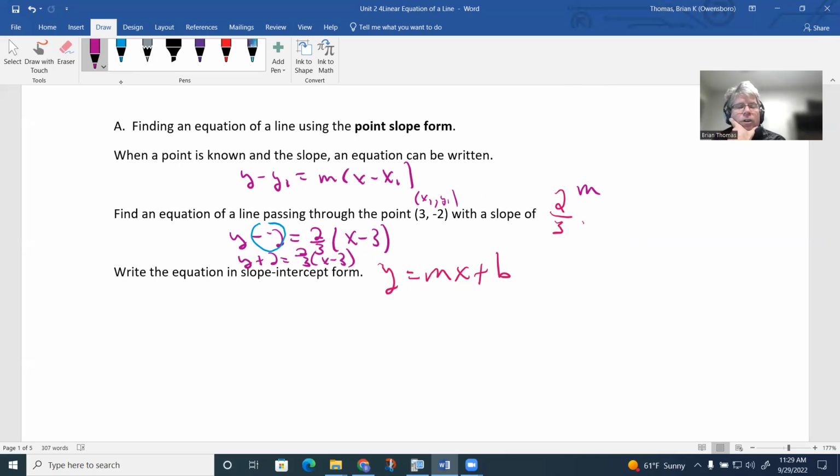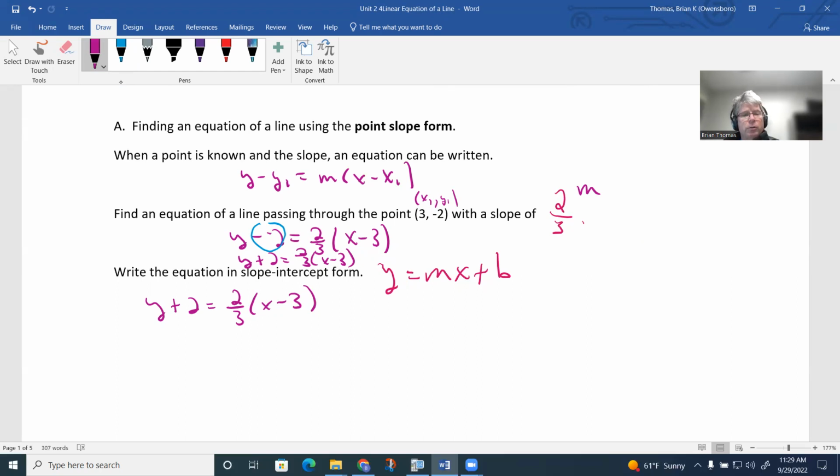They want us to continue on and rewrite this equation in slope-intercept form. So I now have the equation in point-slope form. But what they want us to do is move this into slope-intercept form, which means they want us to make it look like y equals mx plus b.